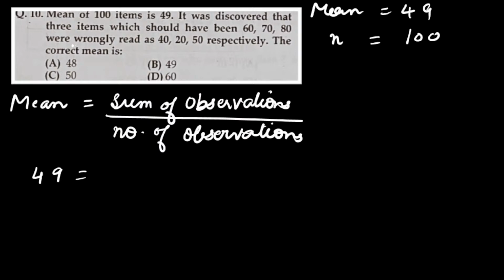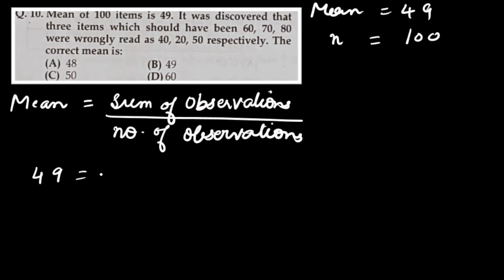It was discovered that three items which should have been 60, 70 and 80 were wrongly read as 40, 20 and 50. So some of the observations were read wrongly. That means the mean is also wrong. So correct mean we have to find.